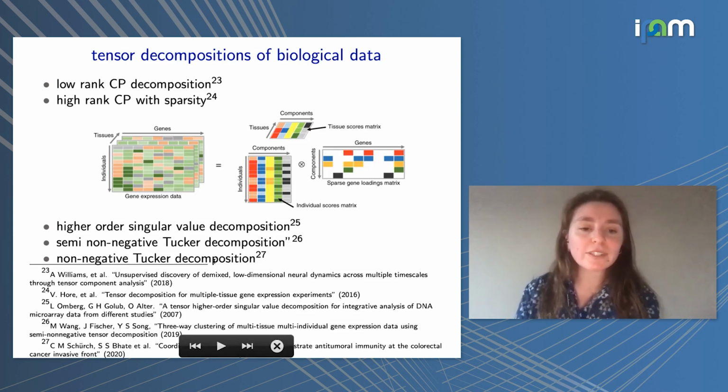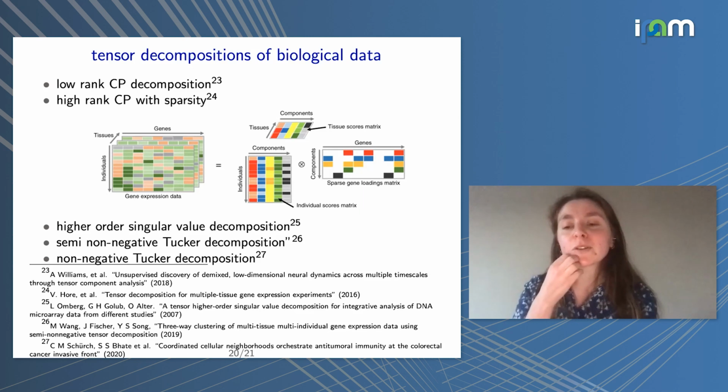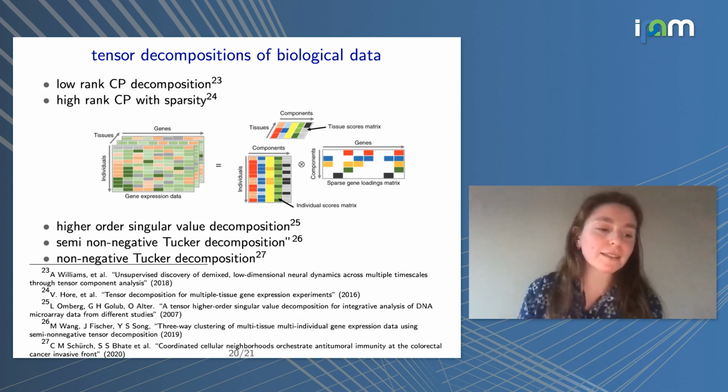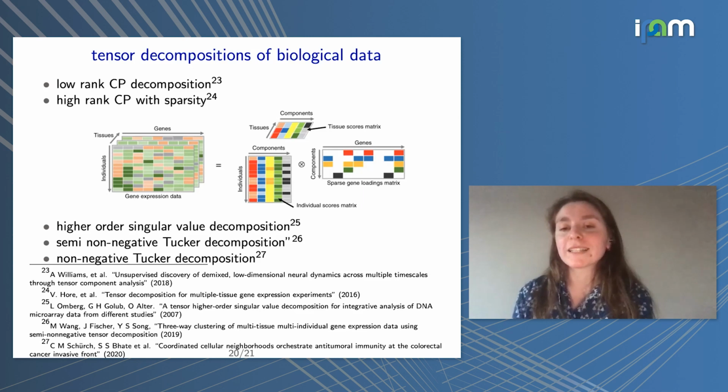And in this last reference, in work of Church, Barte et al., they look at a fully non-negative Tucker decomposition. So the message from all of this is that there are various tensor decompositions which are being applied in different biological contexts, but probably also much, much more scope to have some nice tensor decomposition methods that give us structure in these biological settings of interest.